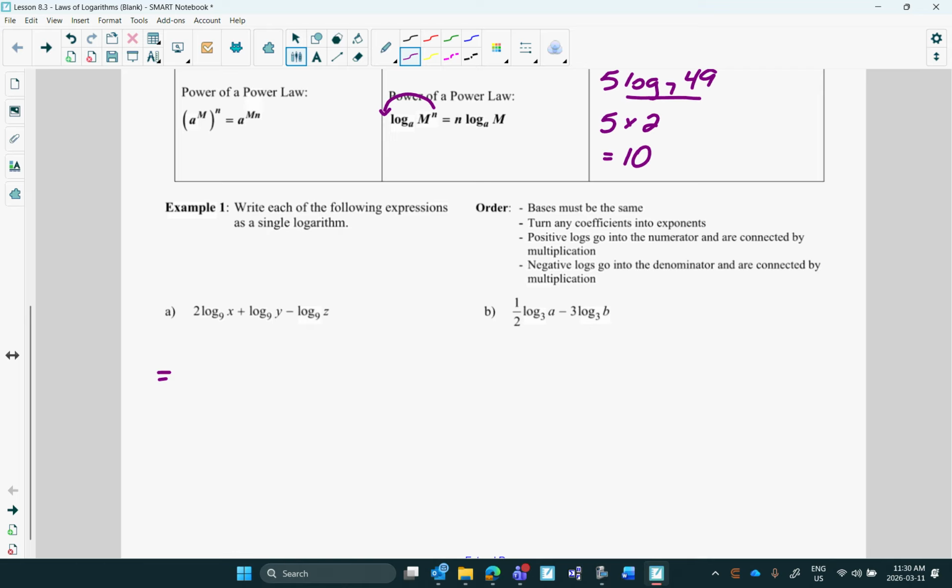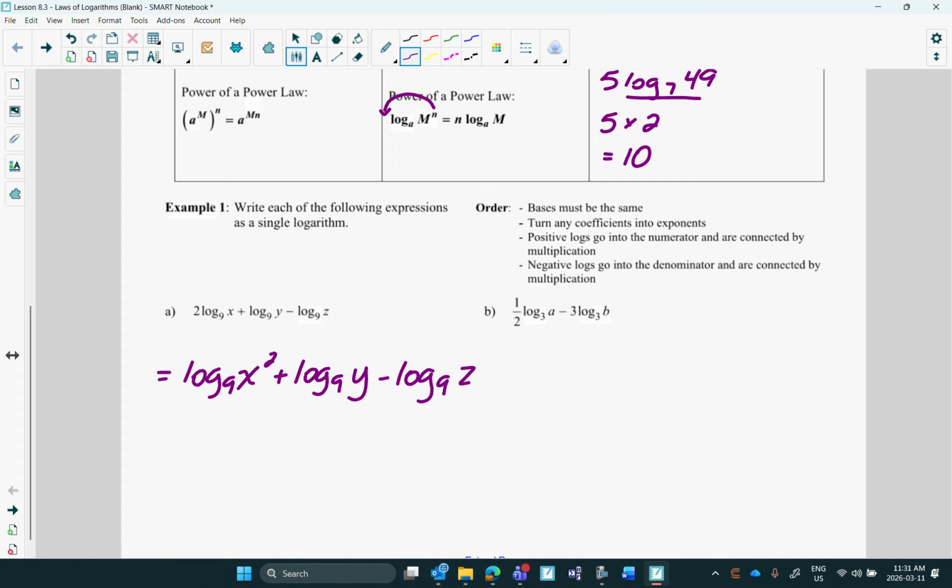In this expression, do you see any numbers in front? Yes. Here. How can I change this? This is the same as log base 9 of x squared. Okay, so that's the first thing. I don't have to touch the rest of them yet. So I had to use the power of a power log law.